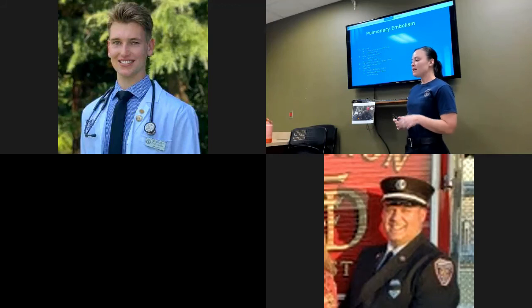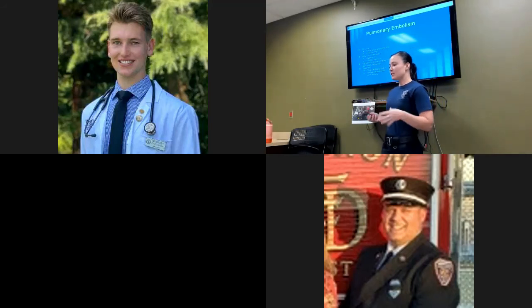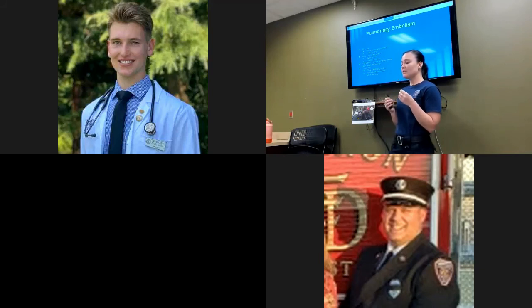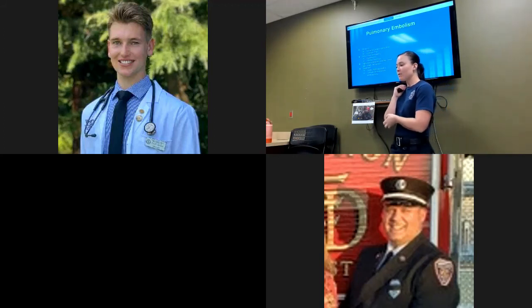They can be classified as stable or unstable. The unstable pulmonary embolisms are the ones that are the emergency. They become an emergency because they increase the pulmonary vascular resistance. When you increase the resistance in your pulmonary vasculature, you're decreasing the amount of blood that can come out of the right ventricle, so you're decreasing the outflow from the right ventricle.